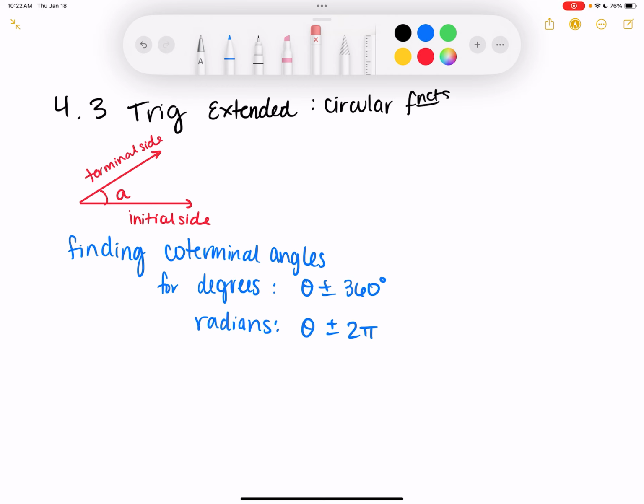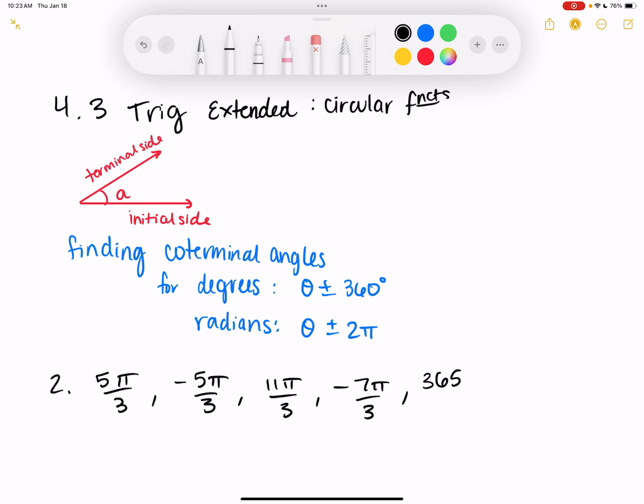So number 2: 5 pi over 3, negative 5 pi over 3, 11 pi over 3, negative 7 pi over 3, and 365 pi over 3.